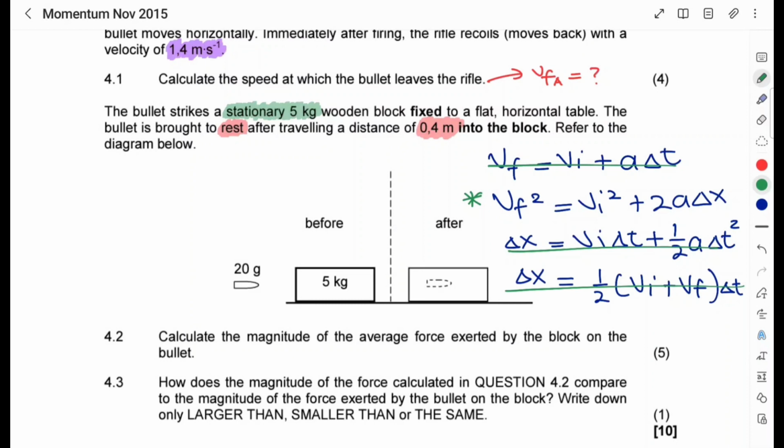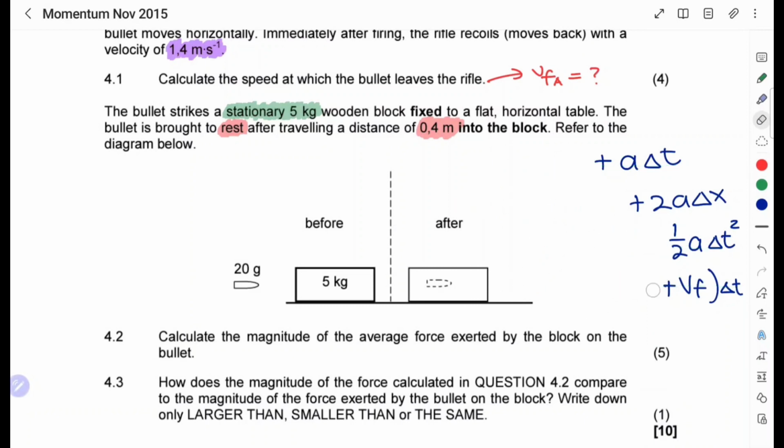Once you calculate change in time, you can then use your impulse formula, which is Fnet times delta t equals impulse. So if you want to use the impulse formula, I would recommend calculating change in time instead of calculating acceleration. However, if you want to use F equals ma, you can calculate acceleration using the second formula.